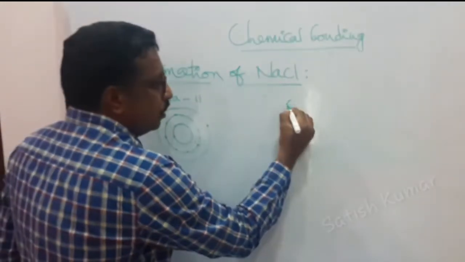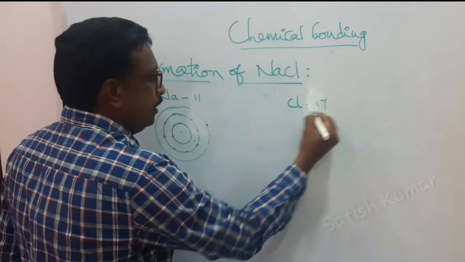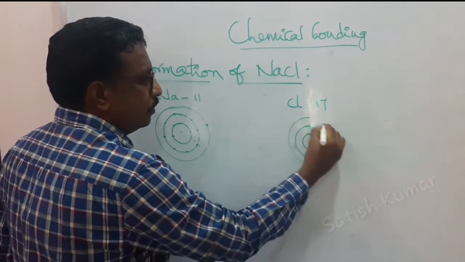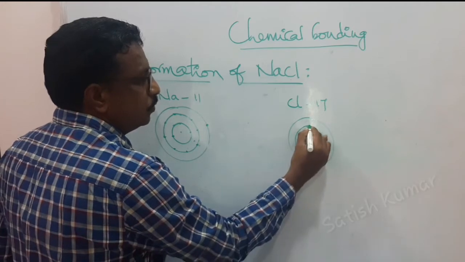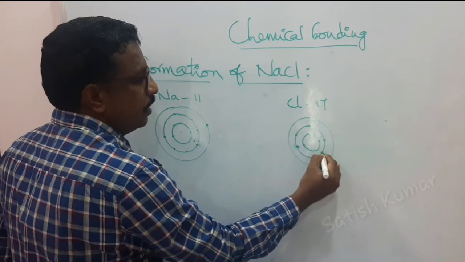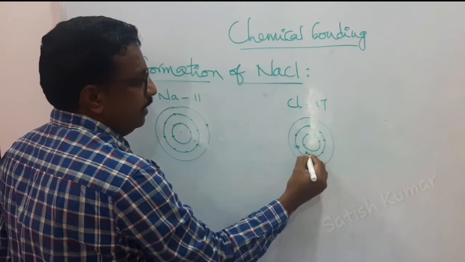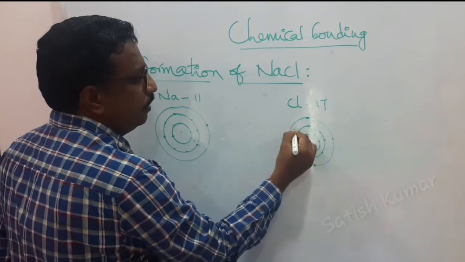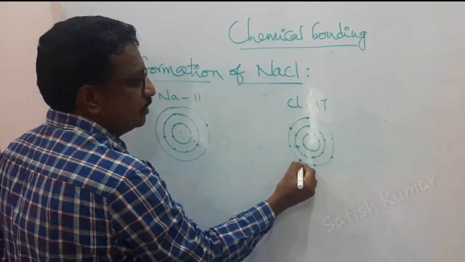And I am going to write chlorine also, which is 17. So this will have, in the first shell 2, then 8, and 7 in the outermost shell.